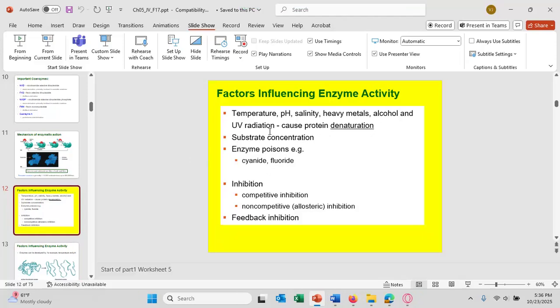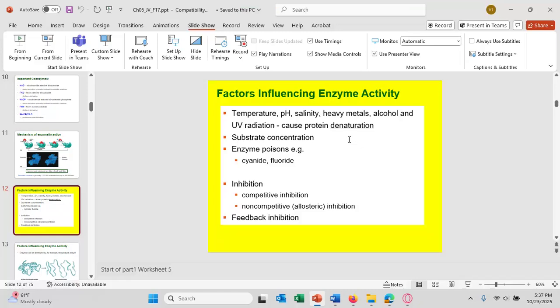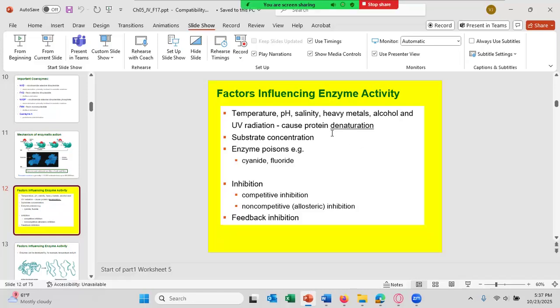Because of these conditions, the enzyme will start becoming denatured, that is, change its shape. Initially, when the protein starts to become denatured, the enzyme can still have some activity, but it'll be less activity than the enzyme at its optimal rate.